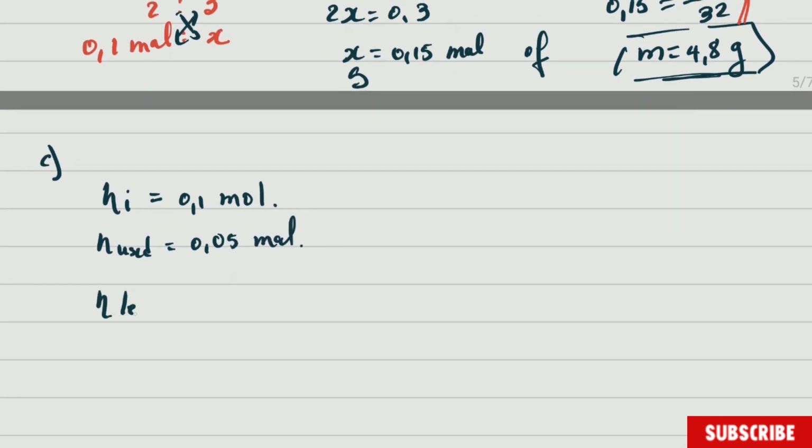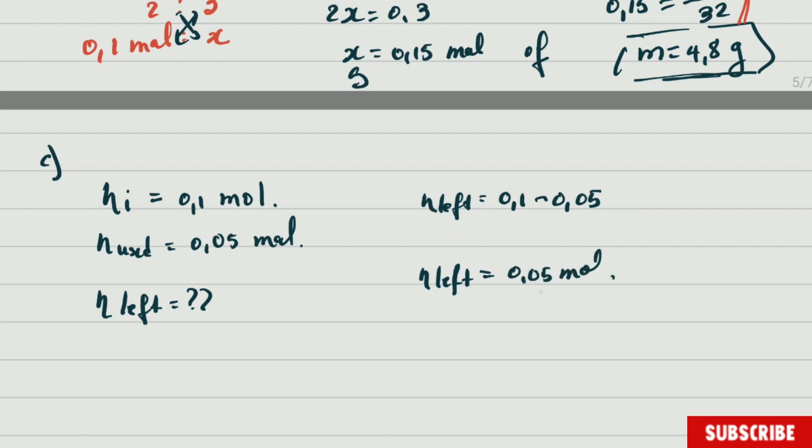Number of mole left. Well guys, very simple. The number of mole left is going to be equal to 0.1 minus 0.05, and that one will give you 0.05 mole. There we go.